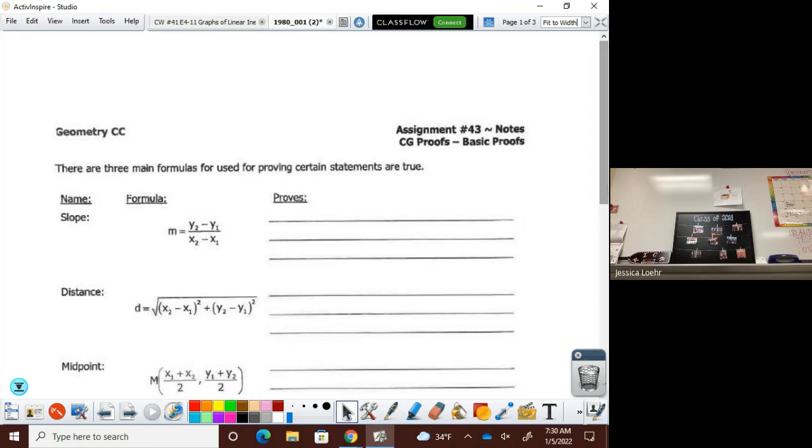Before we get started, I'm gonna hand you your review sheet for your test on Friday. We will do review during your double tomorrow. And that Delta Math that you worked on yesterday is going to count as part of your test grade.